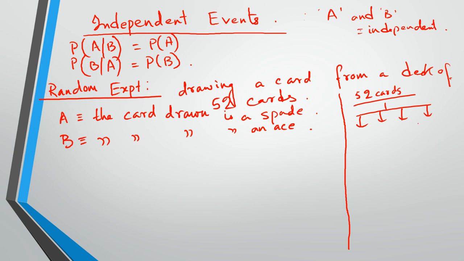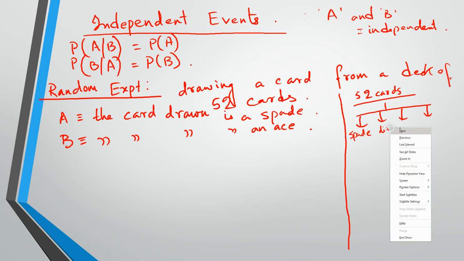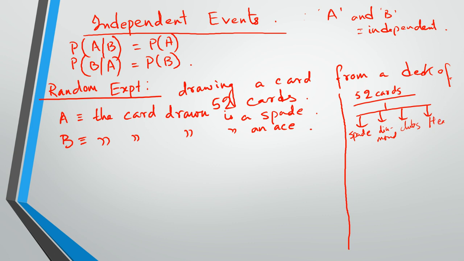One is spade, one is diamond, one is clubs, and another one is hearts. Yeah, hearts, I just forgot for a minute. Okay, spade, diamond, clubs, hearts. Each will have 13 cards.